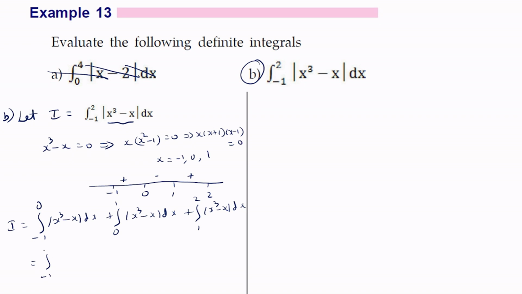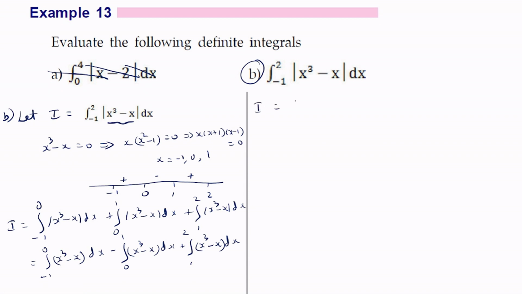So here x cube minus x is positive, so it is (x cube minus x) dx, plus here it is negative, so it is minus integral 0 to 1 (x cube minus x) dx, plus integral 1 to 2 (x cube minus x) dx. So now we can integrate and apply the limits for each of these integrals separately.